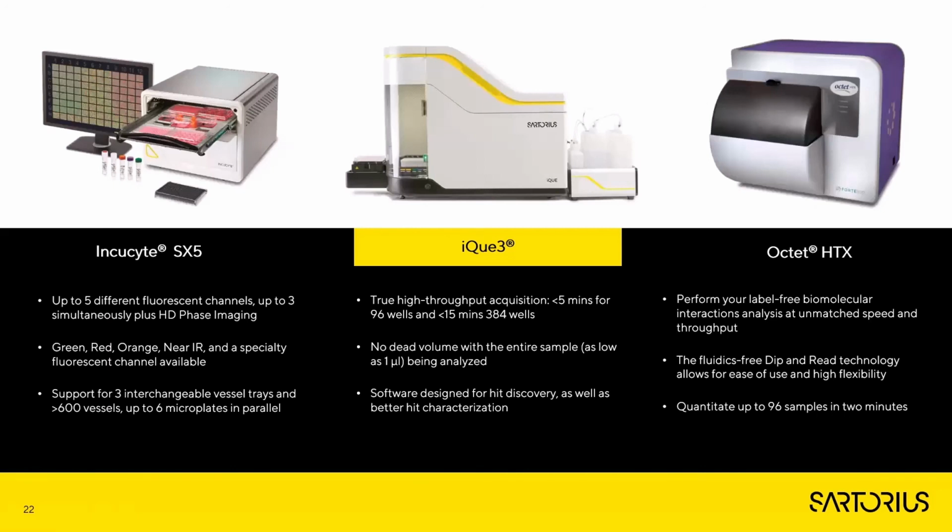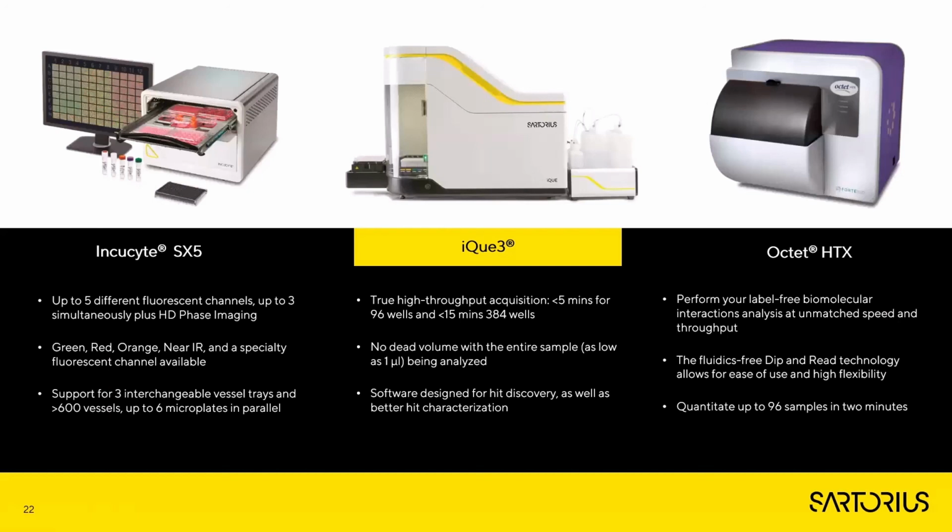Next, we have the IQ3, which is a flow cytometry-based approach for high throughput screening in a rapid manner. The IQ3 can process a 96-well plate in under 5 minutes and a 384-well plate in under 15 minutes. It utilizes a low sample volume for precious samples and has software, which I believe we've shown in the presentation, that is designed for hit discovery as well as better hit characterization.